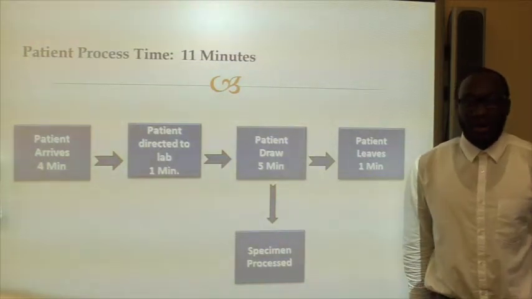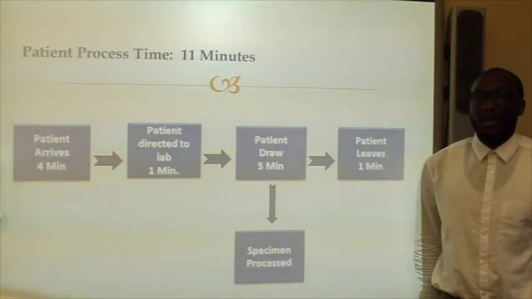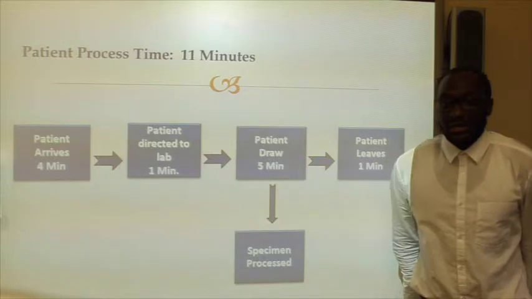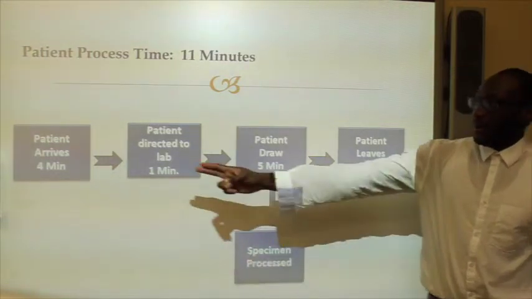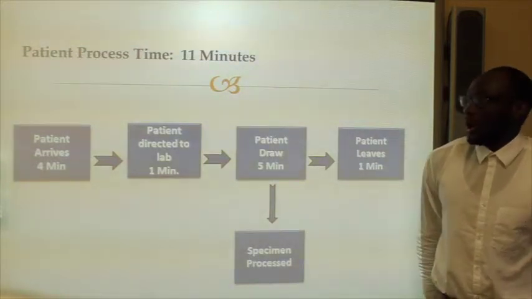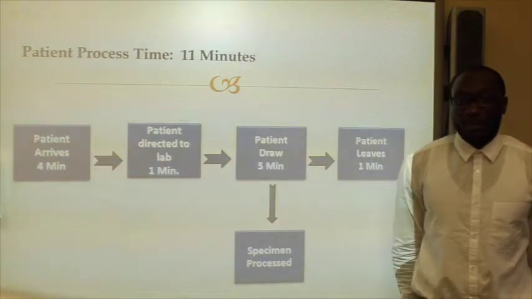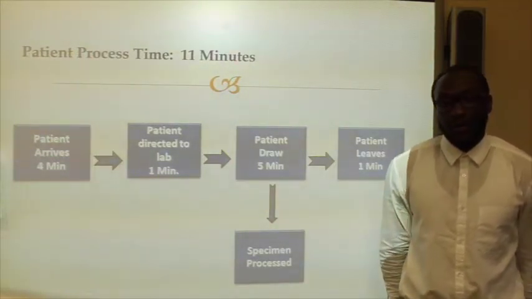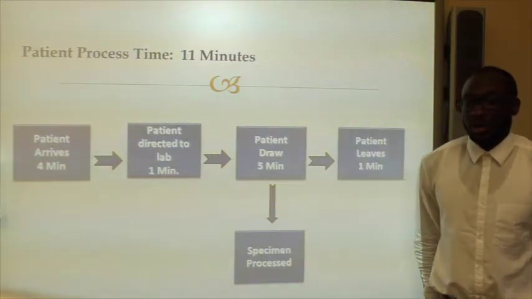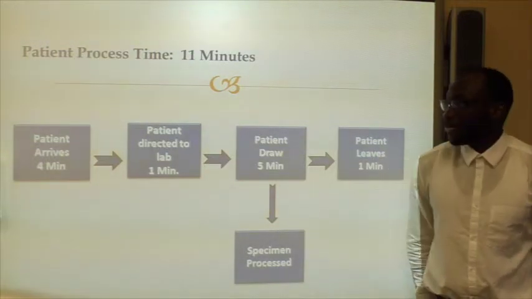Future state map. Patient focused. Patient process time 11 minutes. We can see here the patient arrives, which takes 4 minutes. Patients arrive, patients sign in, patients give out his or her ID or insurance.